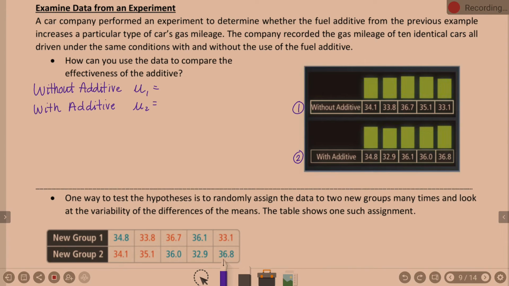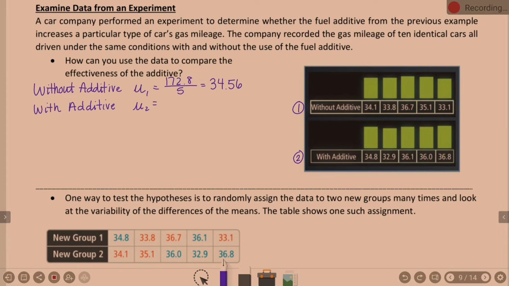Let me know when you get some information about group 1. What are you finding out about group 1? 34.56. The 5 values added up to be 172.8. You divide that by 5. We end up with 34.56.